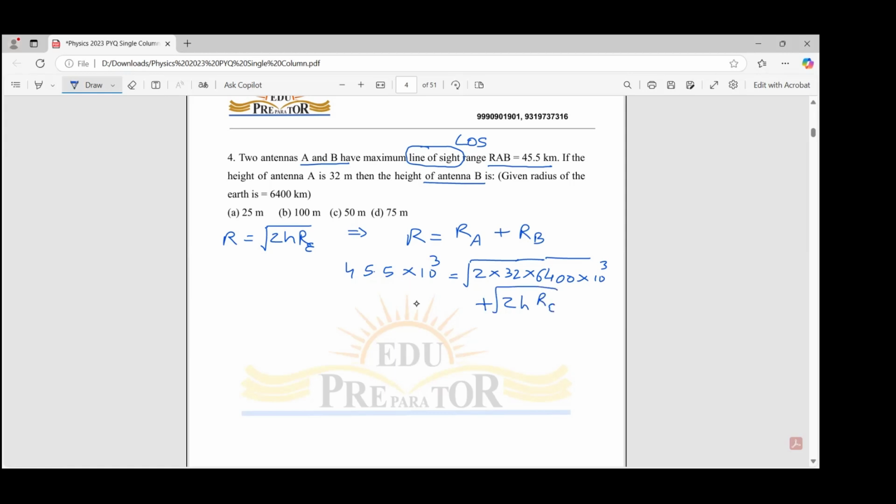Now, if you simplify that by putting the value of the radius of Earth as 6,400 kilometer, we get the height of the B antenna as nearly equal to 50 meter. So therefore, we have 50 meter as the correct answer.